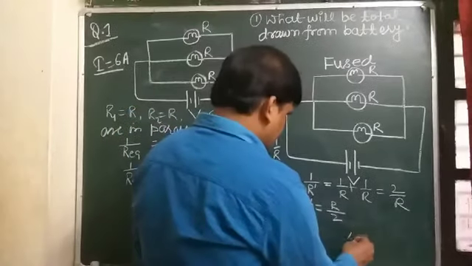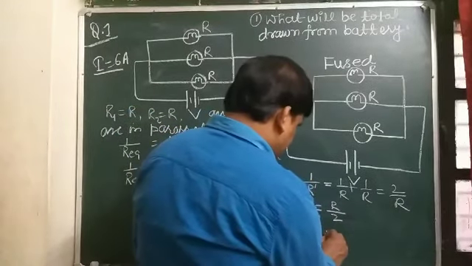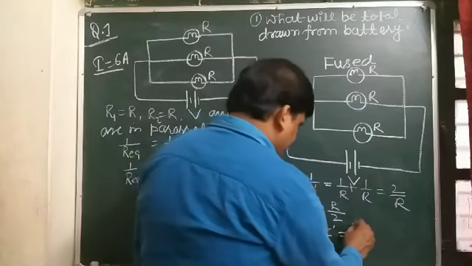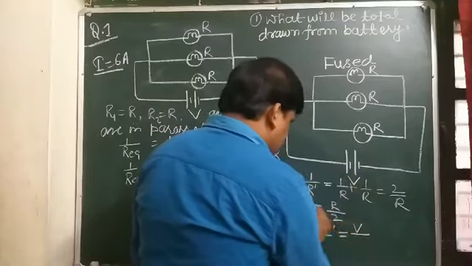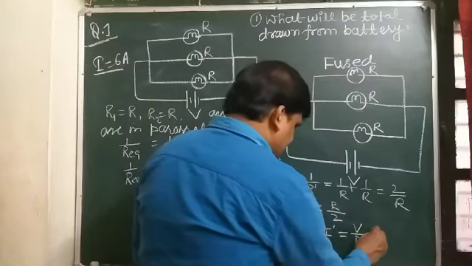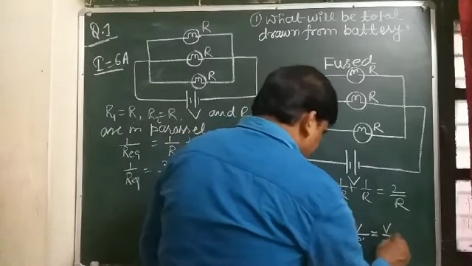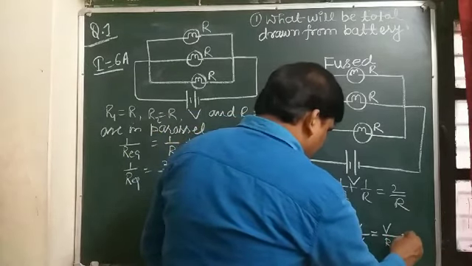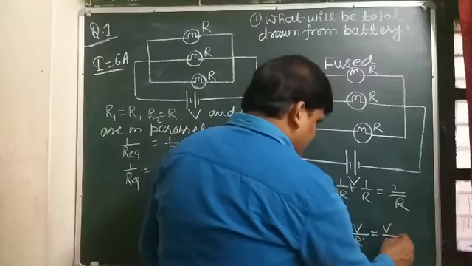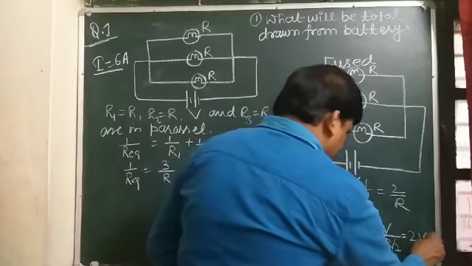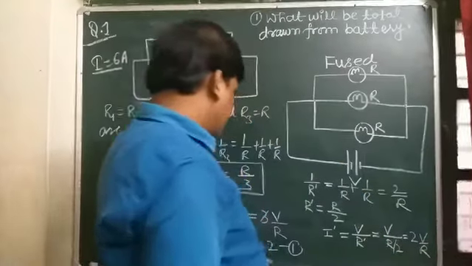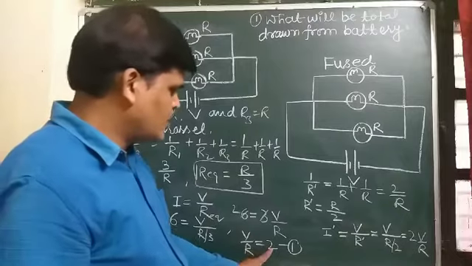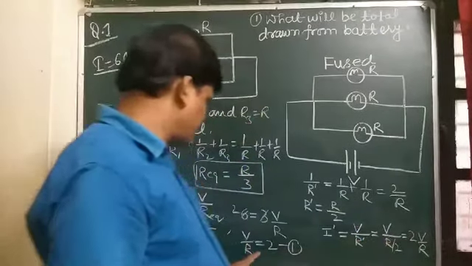Now the current sent by the battery in the second circuit, suppose I dash, is V by R, where R is R dash for the second circuit. So I dash = V divided by R/2. When 2 moves to the numerator, it can be written as 2 times V/R. In equation 1, V/R equals 2, so in place of V/R we put 2.